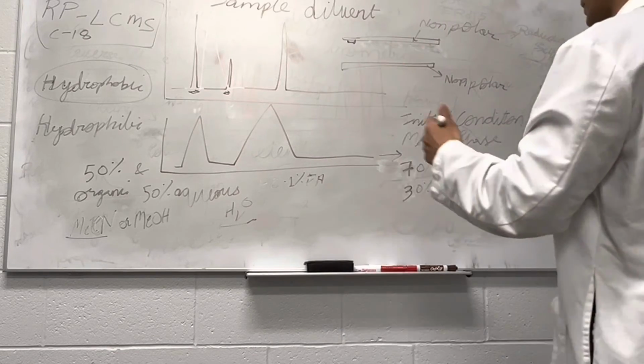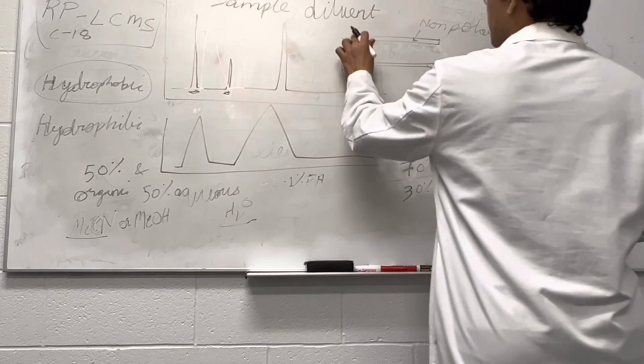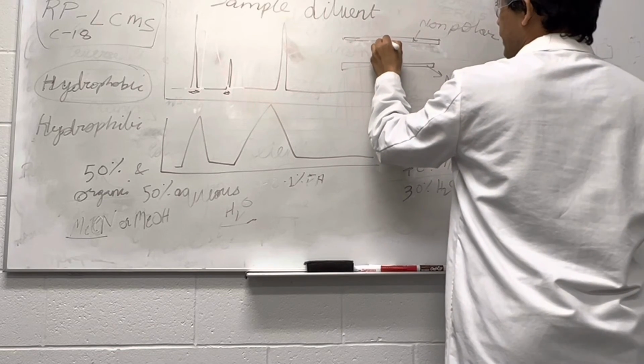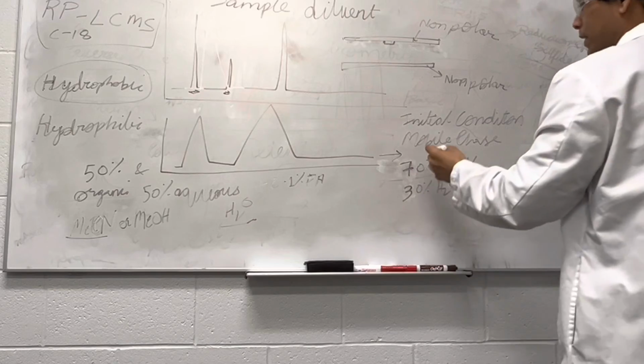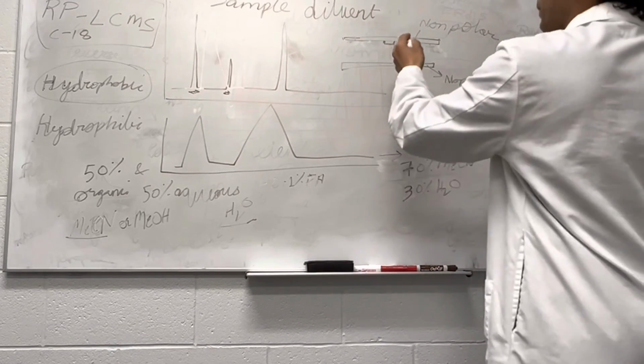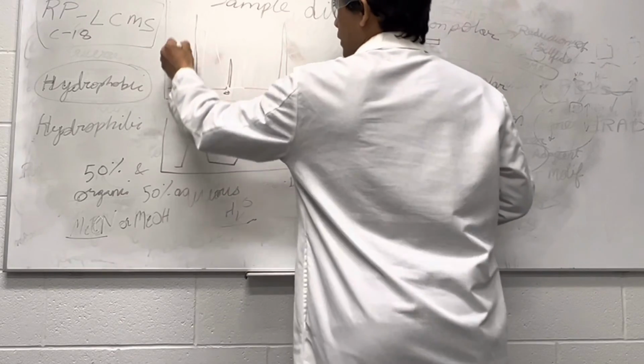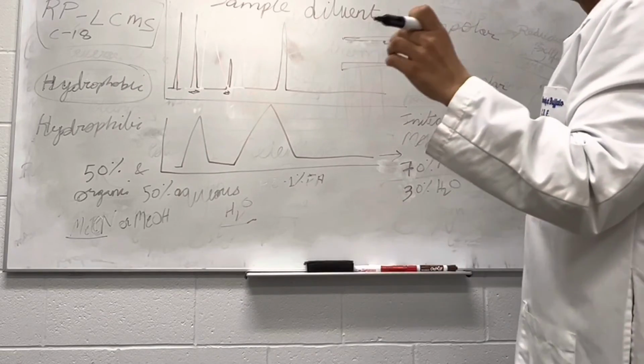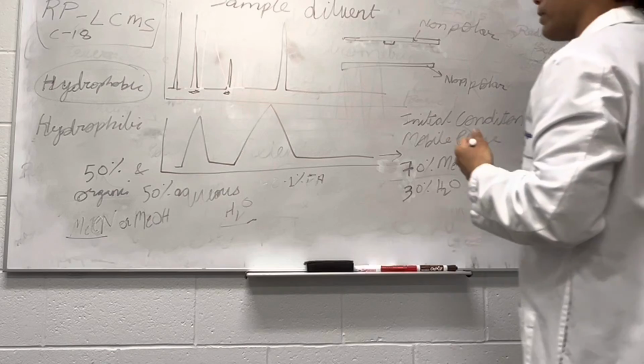The sample will stick to the column at the higher side because the mobile phase strength is higher, and it will elute faster compared to the second case. However, the peak widening remains low in this case also.